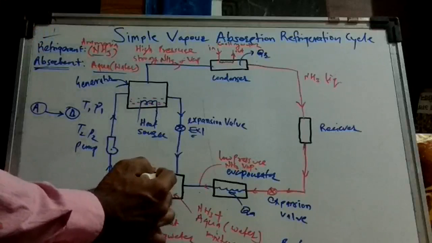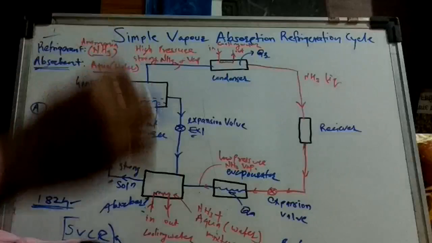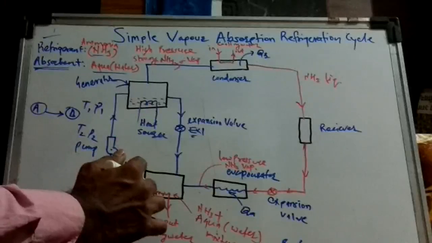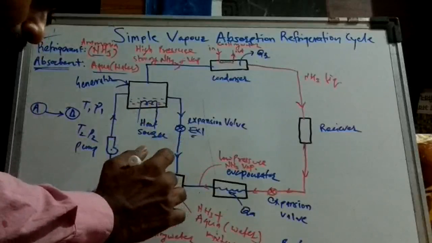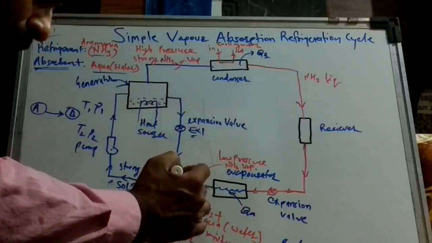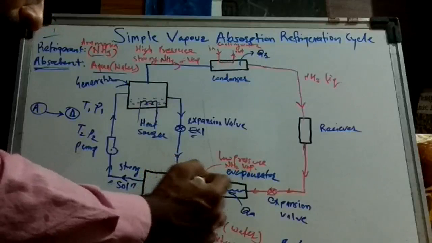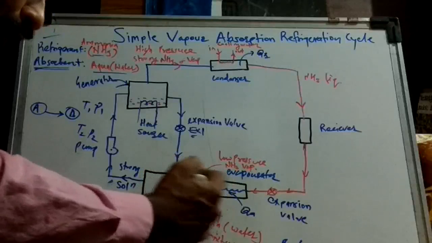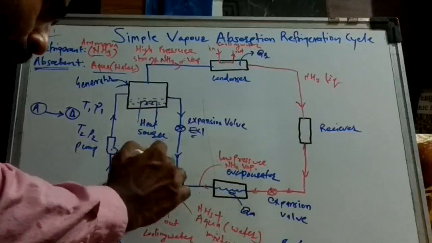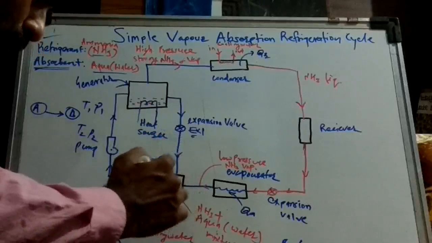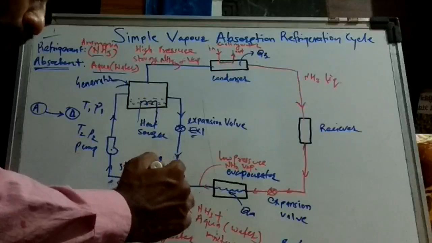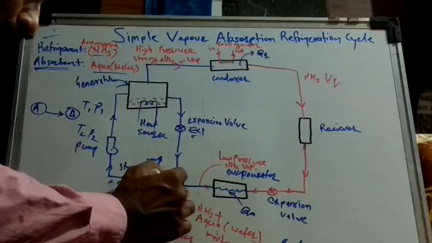In the absorber, as we know, there is water used as an absorbent, so it will absorb that ammonia. Because of the continuous absorption of ammonia, the temperature here will rise. To increase the absorption capacity, we have to reject some heat to the surrounding.